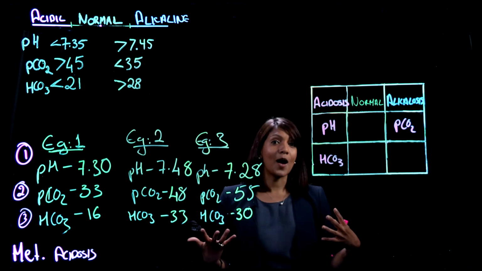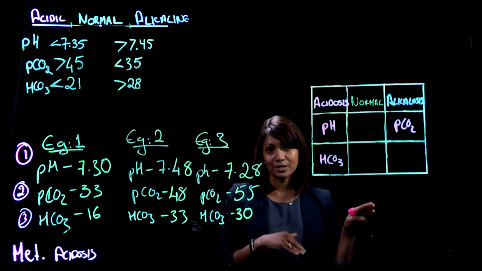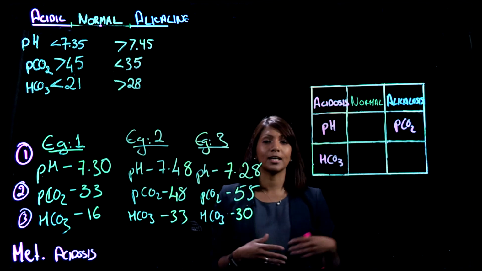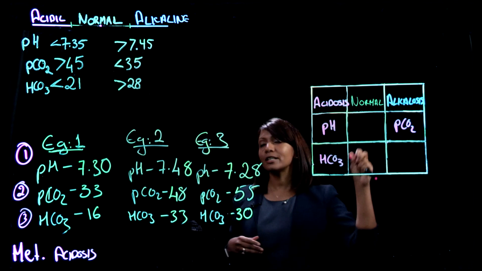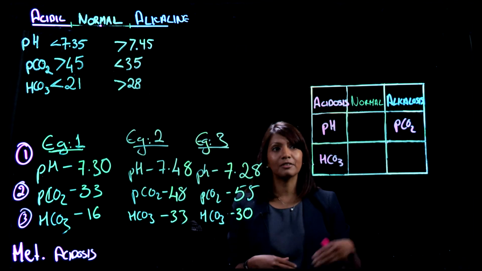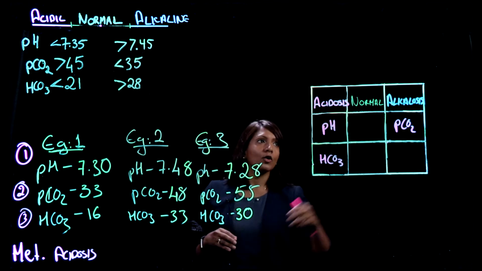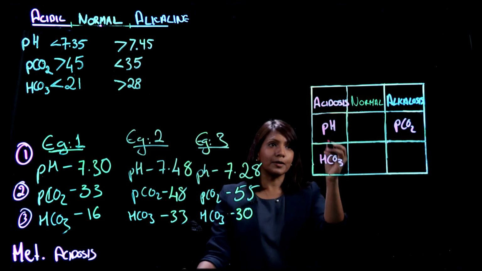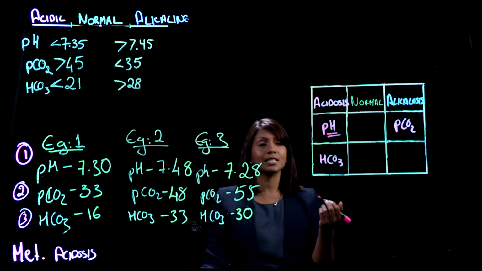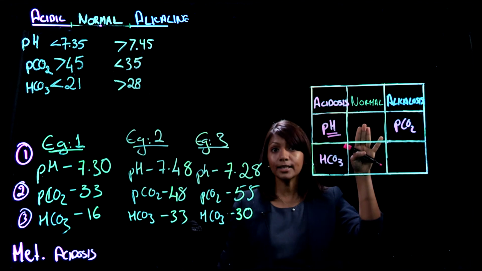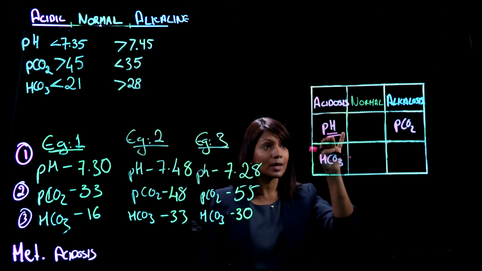Remember that the body has that amazing ability to compensate for something that's going on and to maintain homeostasis. In this case, the respiratory system is taking it upon itself to compensate for whatever's going on with the pH. However, the compensation is partial in the sense that the pH has not completely normalized. The whole idea of the respiratory system is to normalize the pH.